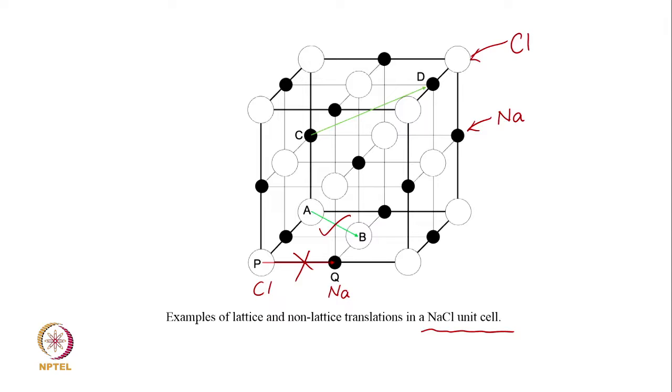I think yesterday I tried to give you a 1D example. In 1D, all are the same element, but if I go from here to here, that is not a lattice translation, because these two are not equivalent atoms, they have different neighborhoods.